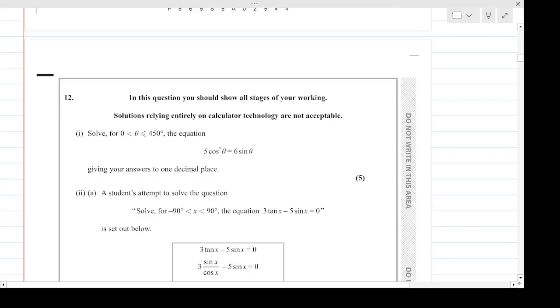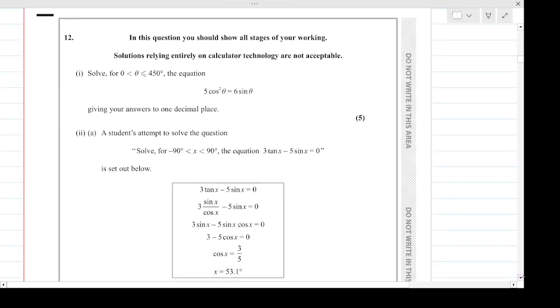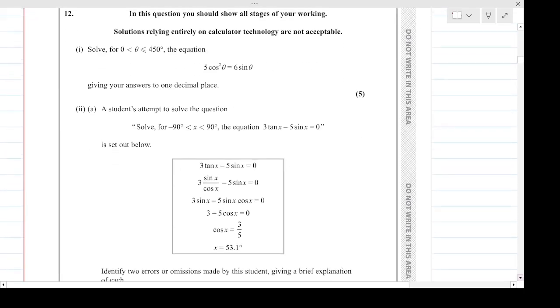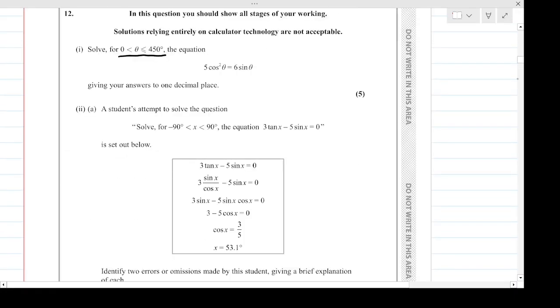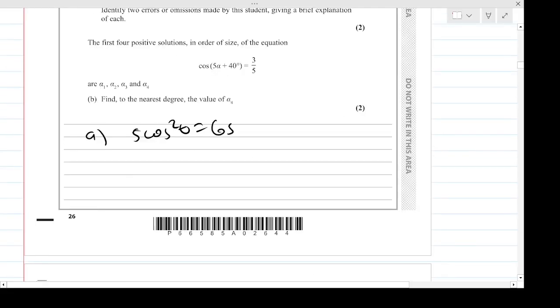Okay, then question 12. We need firstly to solve for theta between 0 and 450 degrees the equation 5 cos squared theta equals 6 sine theta.